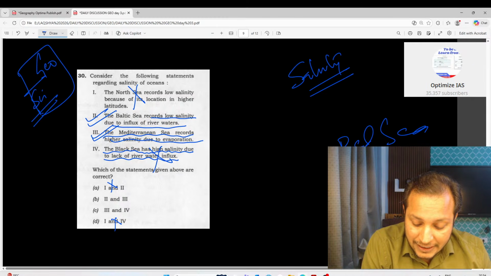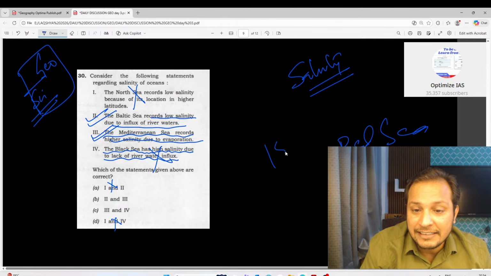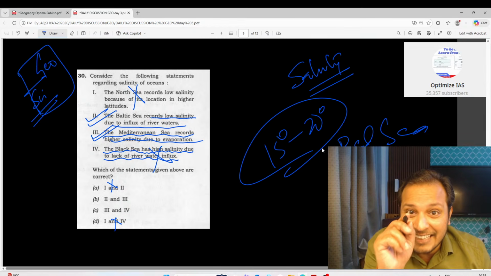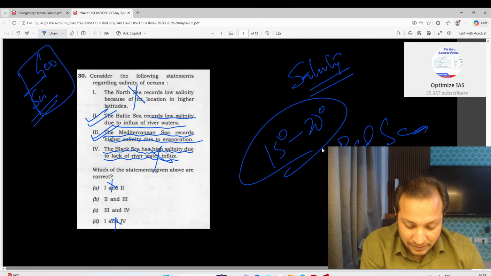The average salinity of the Atlantic Ocean is around 36. The highest salinity is recorded between 15 degree latitude and 20 degree latitude. So they may ask you where the highest salinity is. They may ask you this also.